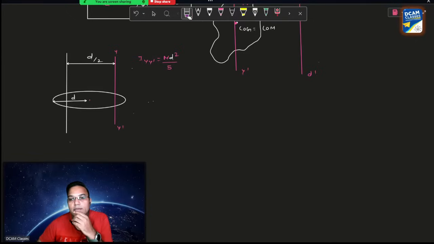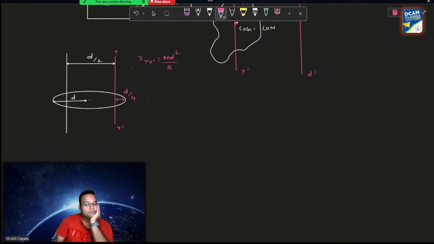Moment of inertia is md square by 5. And one more thing, this y dash is at a distance of d by 4 from one end. Understood the question now?